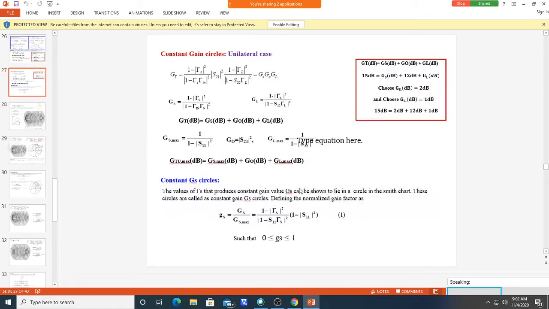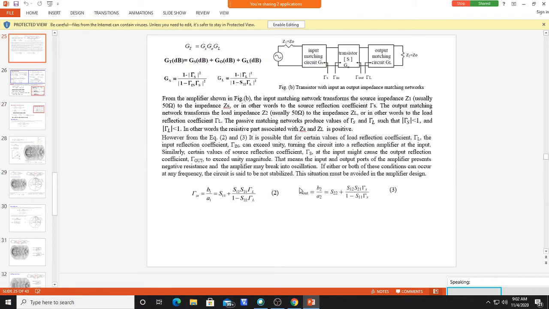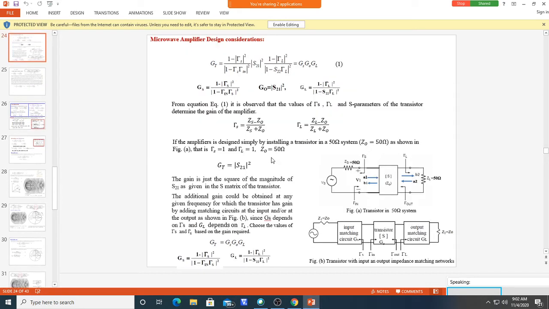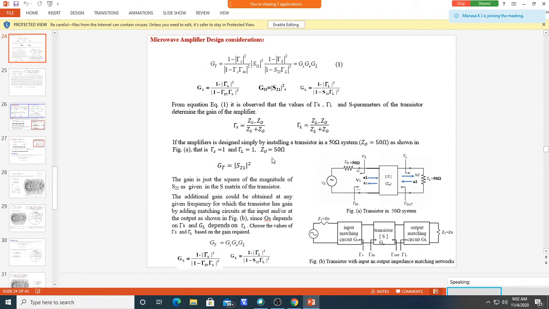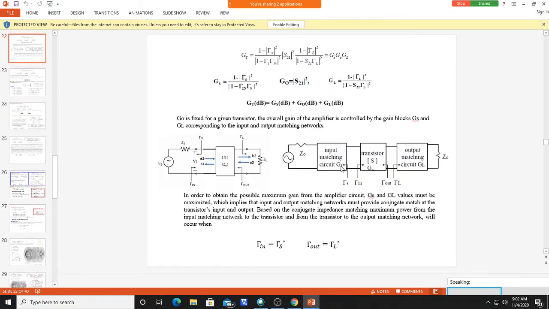In the previous class, I was telling about how to choose the gain. While designing, we consider the transducer gain. The transducer gain is given by this equation, and in decibels you can write it like this. It has three terms.